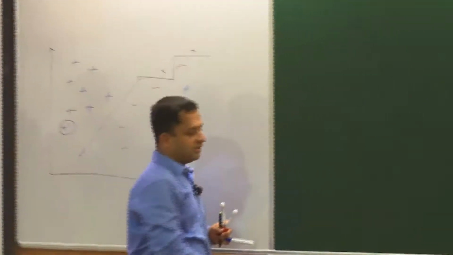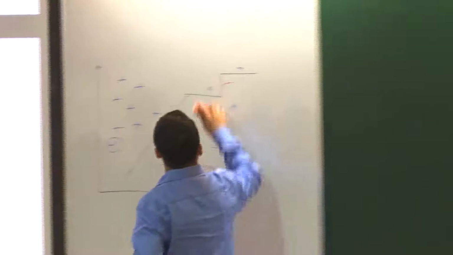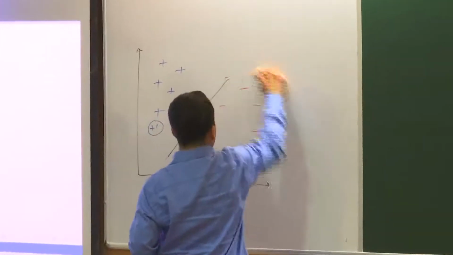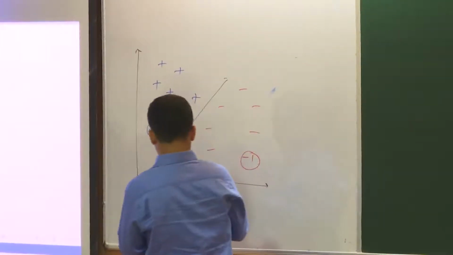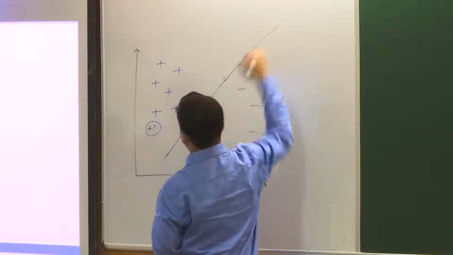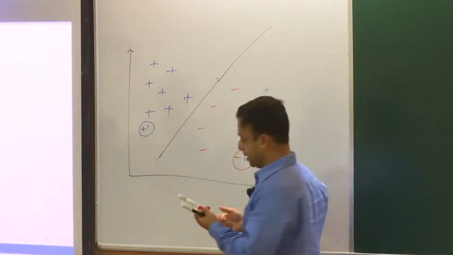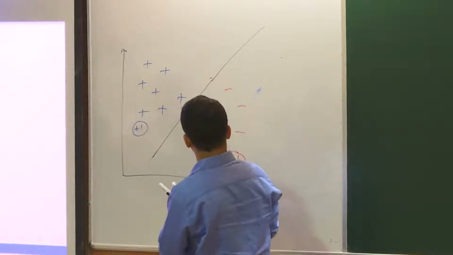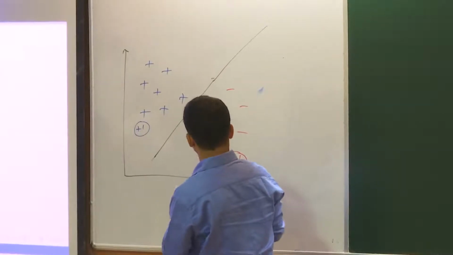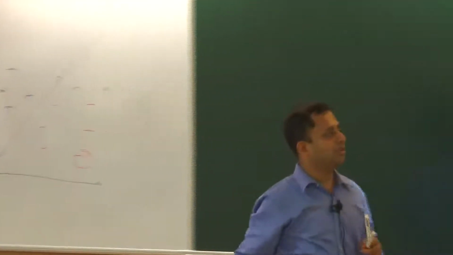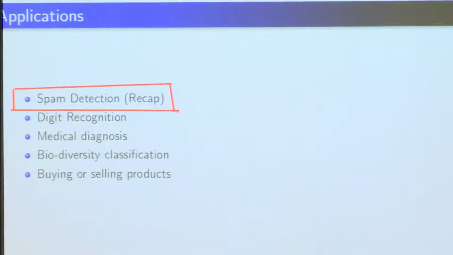However, to begin with, we decided to try and conclude algorithmic and convergence related issues with a simple classifier, which is the Perceptron classifier. And we discussed several applications, but then one application kept appearing as a motivation, and that was spam detection.